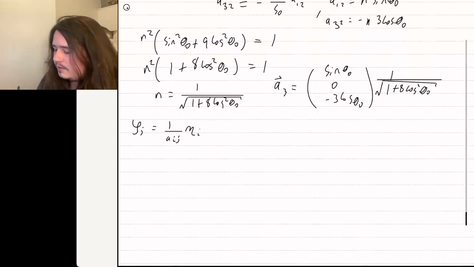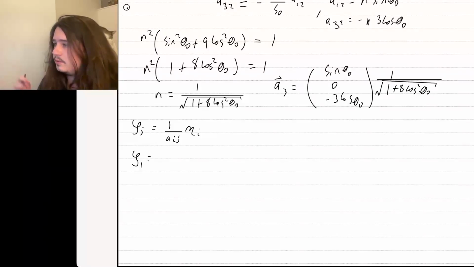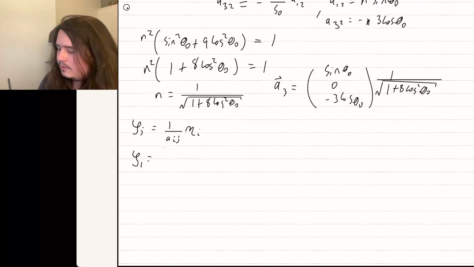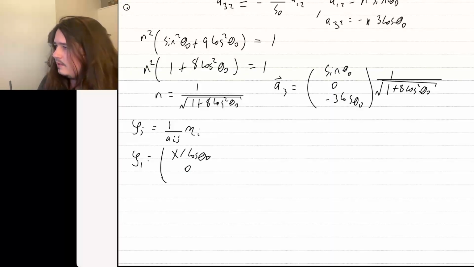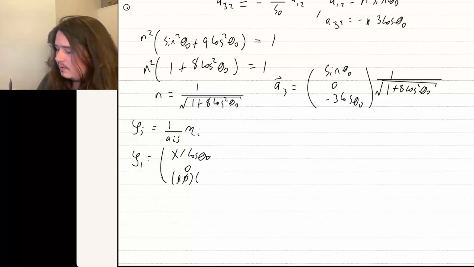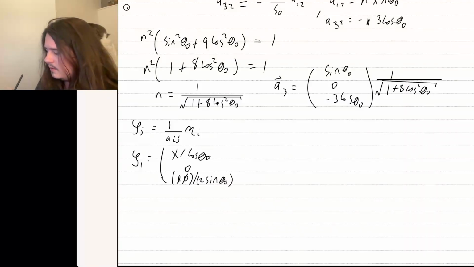So the principal mode that corresponds to our first eigenfrequency is just 1 over cosine times x, so x over cosine theta naught, and then 0 over 0 times y, so just 0, and then L phi over 2 sine theta naught there.